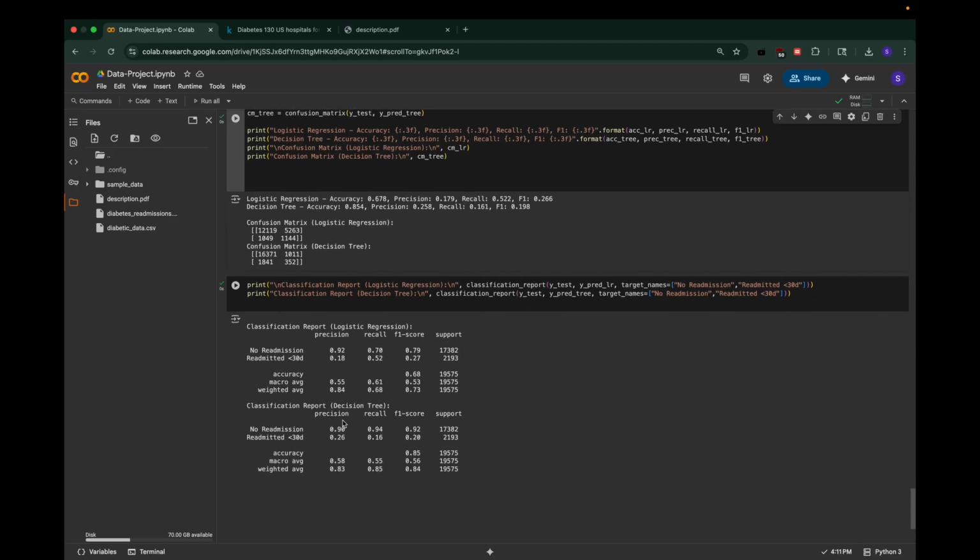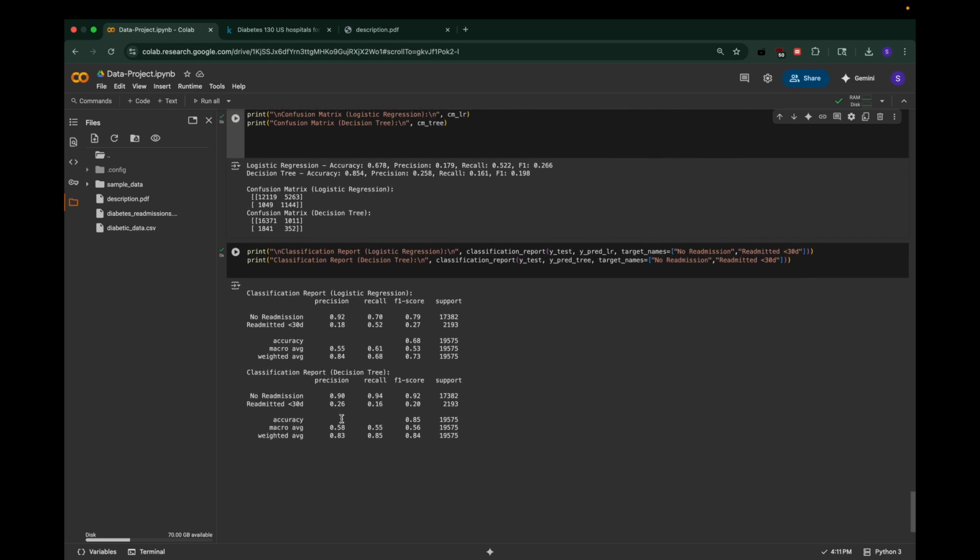Then the decision tree received a high overall accuracy of around 85%, and was more efficient at identifying non-readmitted patients, with 90% precision and 94% recall for that class. However, it struggled significantly with patients readmitted within 30 days, with only 26% precision and 16% recall.